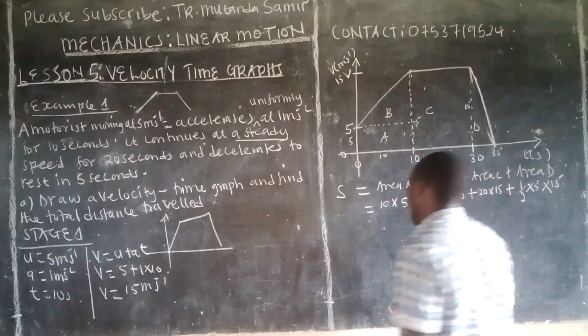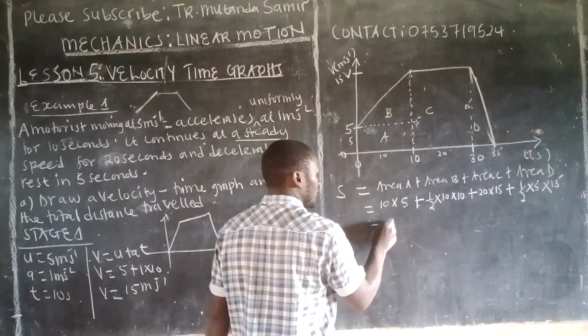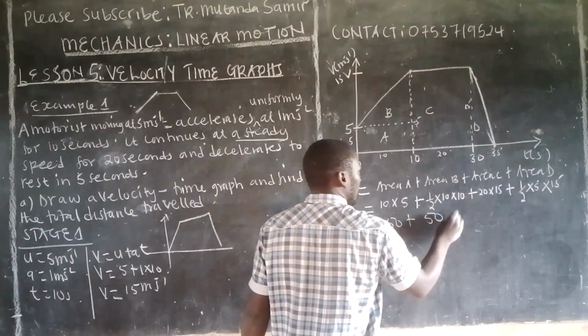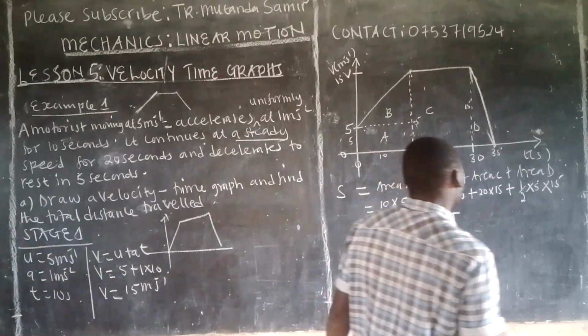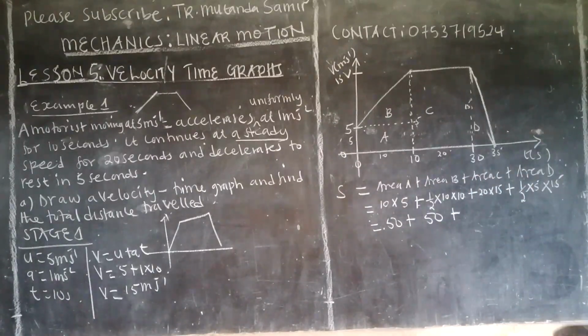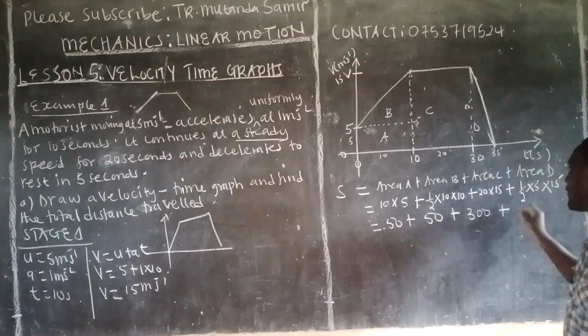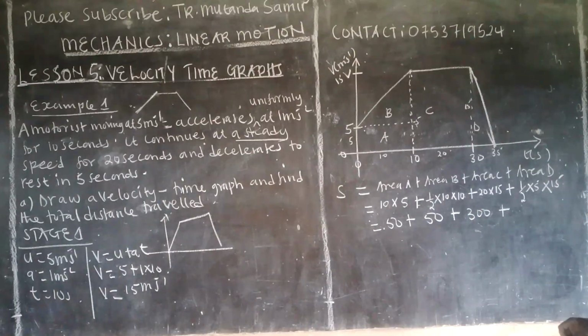So this one will now be equal to 50 plus, here you cancel, you shall again have 50 plus 20 times 15, that will give us 300, plus a half times 5 times 15. Here you can use a calculator.